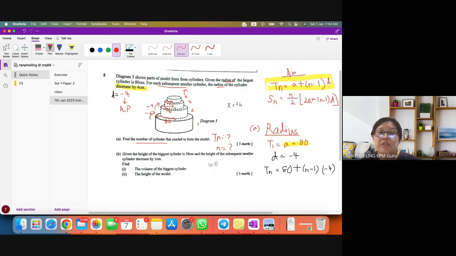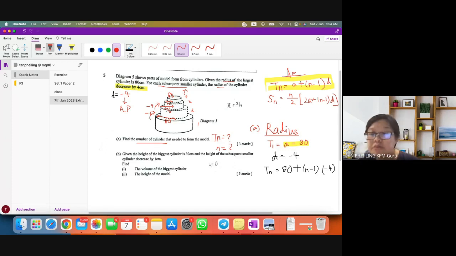In this case, you can imagine that it will continue to decrease, and then this one will be 68, until there's a moment where it gets smaller and smaller until it gets to only 0. Will it become negative or not, the radius? It's not possible, right? Radius must be a length.